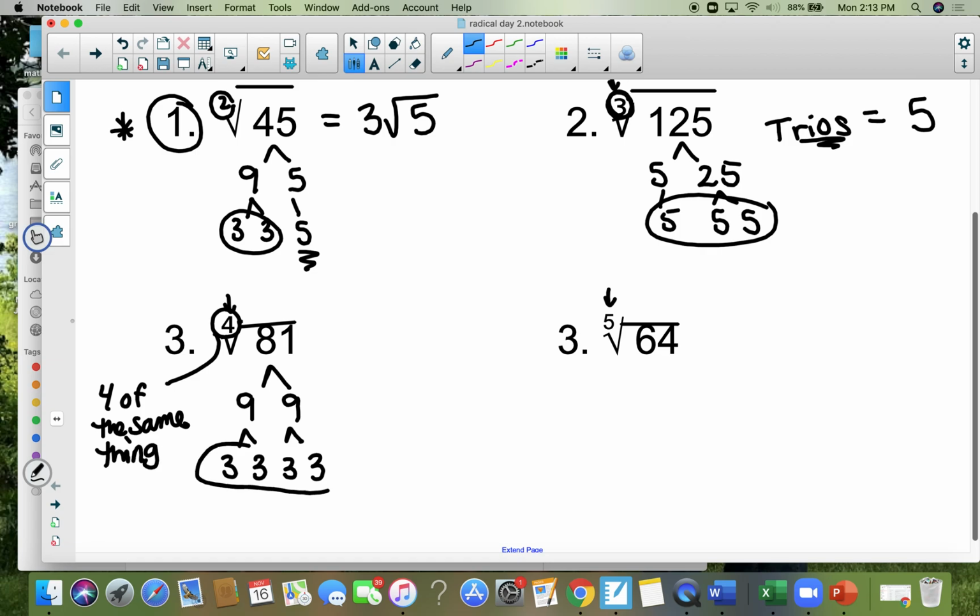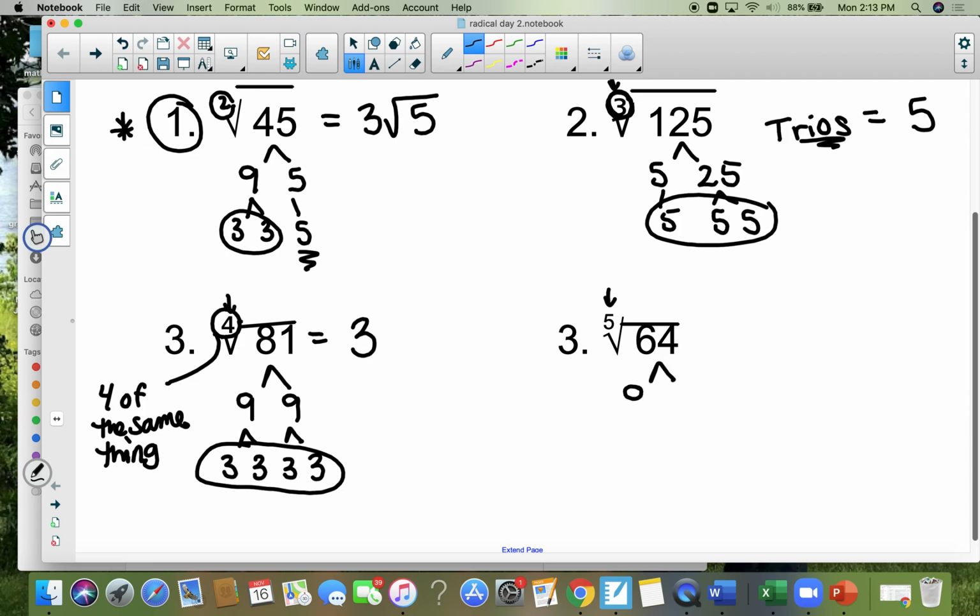Instead of circling 2 or 3, I need to circle 4 of the same thing. And for every 4 I circle, I can take 1 out. And notice that there's nothing lingering in the problem.